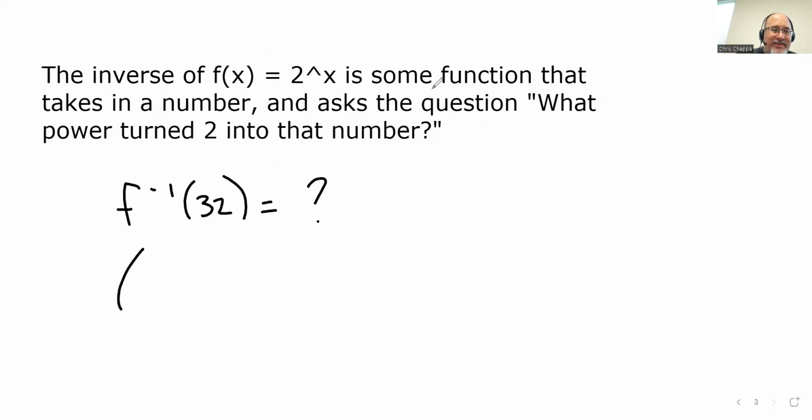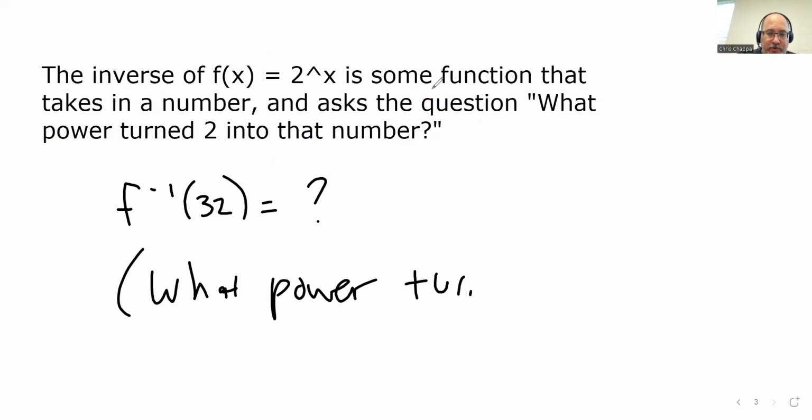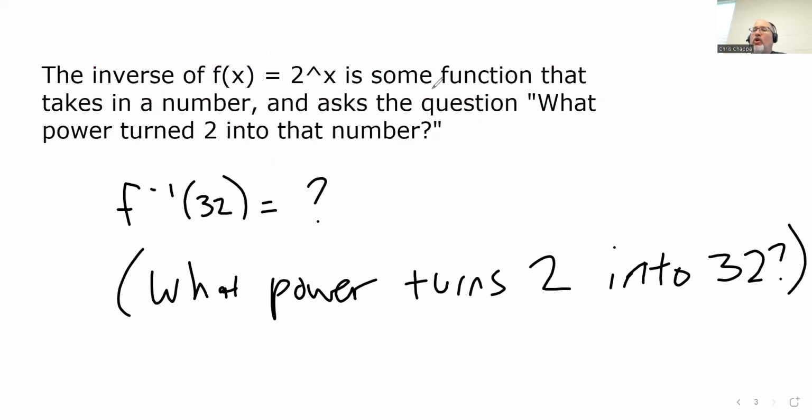Now that's asking what power turns the base into 32. Now you may not know what the answer is, but you know what the answer is supposed to do. You could just start multiplying 2's until you hit 32.